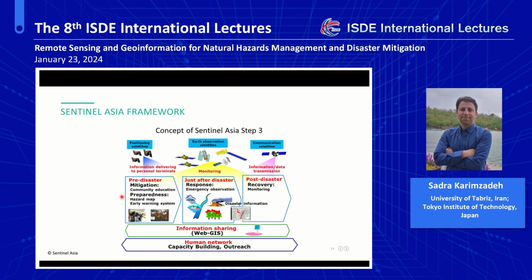Also, you see here the concept of Sentinel Asia in 3 steps: pre-disaster for mitigation and preparedness, like early warning systems; just after disaster, like disaster response or emergency observations, like what we did for Kahramanmaraş and other earthquakes; and post-disaster activities like recovery monitoring, the reconstruction period, all under the umbrella of Sentinel Asia.